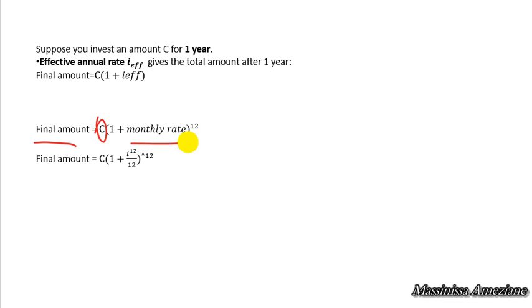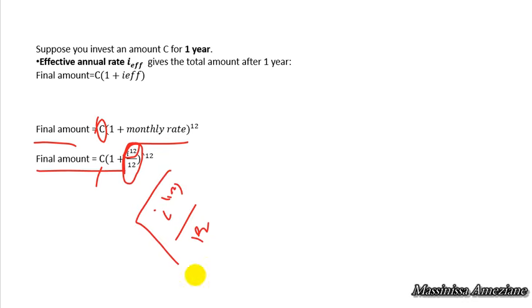We can write it like this: the final amount will be the invested amount times 1 plus the monthly rate, which is the nominal interest rate compounded monthly divided by the number of months in a year. So this is the monthly interest rate, to the power 12, the number of compounding periods. We have 12 compounding periods.